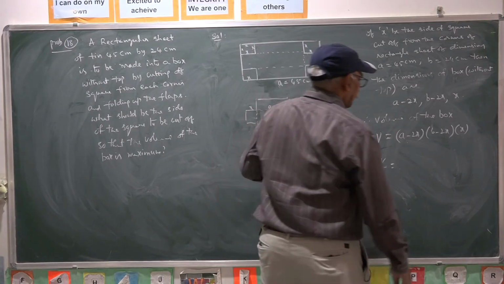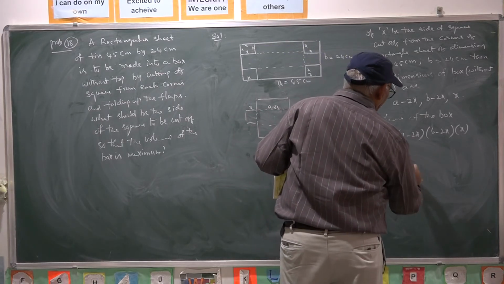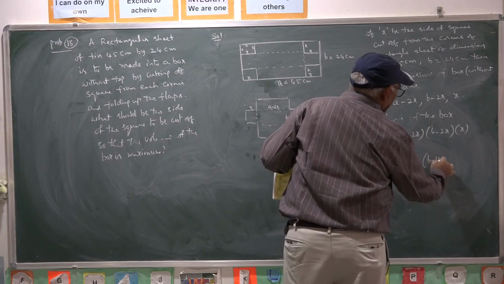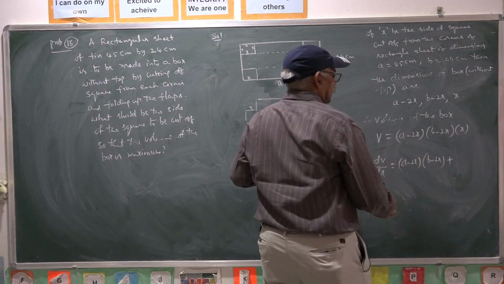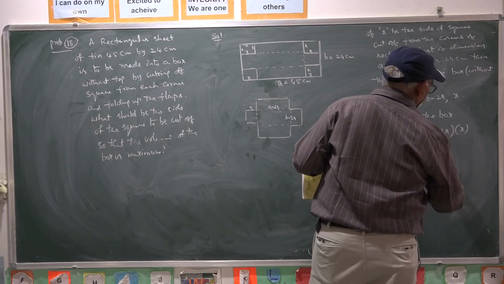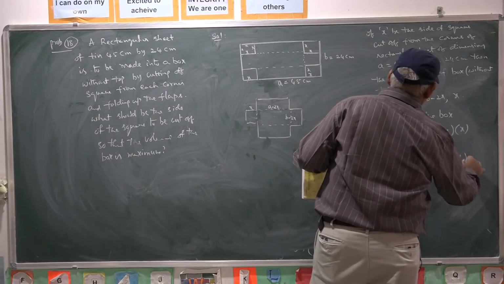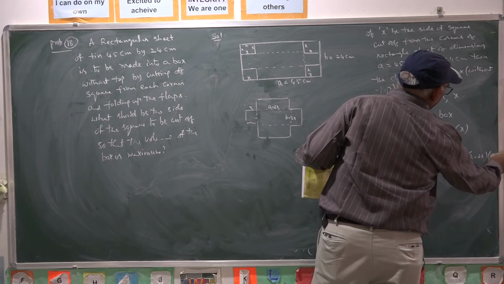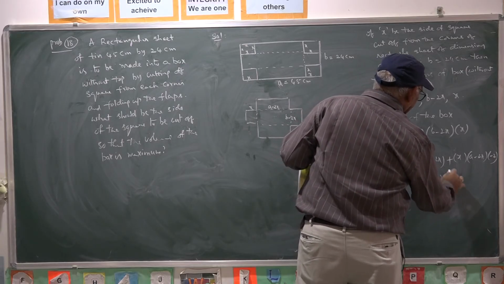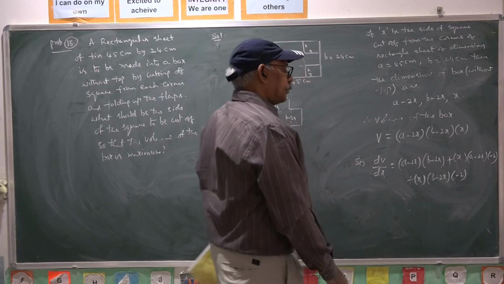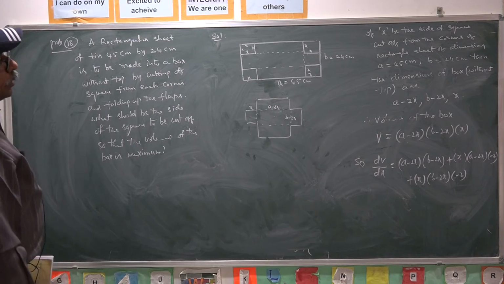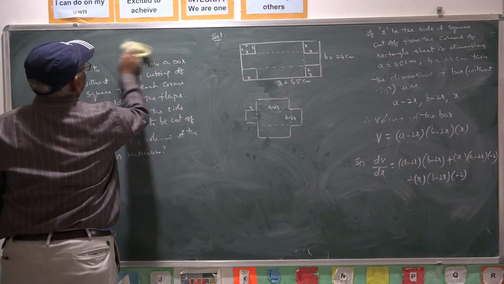So dV by dx is here. By product rule, this is a minus 2x into b minus 2x, and derivative of x is 1, plus x into b minus 2x into minus 2, since the derivative of a minus 2x is minus 2 with respect to x, plus x into a minus 2x into minus 2 for the derivative of b minus 2x, by product rule.